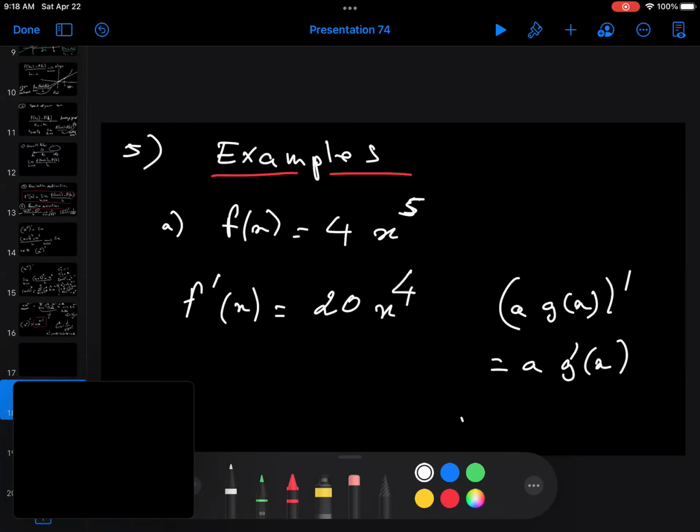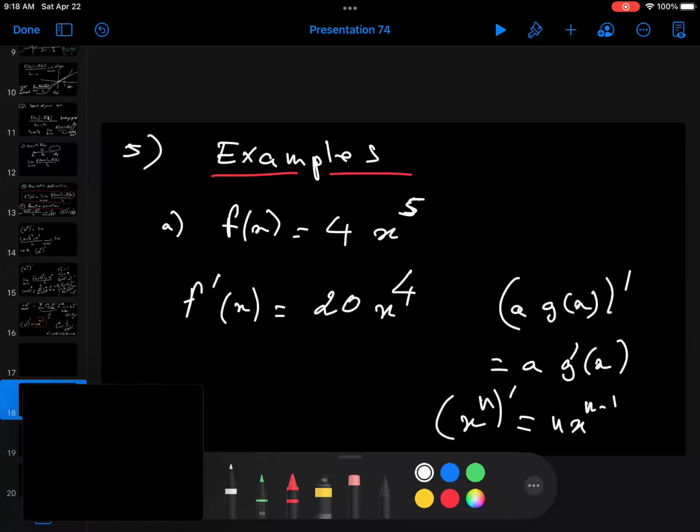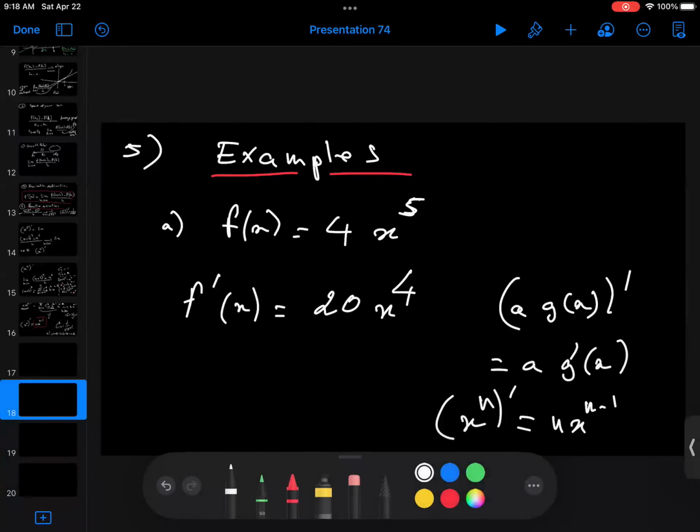And as we saw, the derivative of x^n, when n is a natural number, is n x^(n-1). So that's it. If f of x is 4x^5, then its derivative f prime of x is 20x^4. All right, so this is my first example.